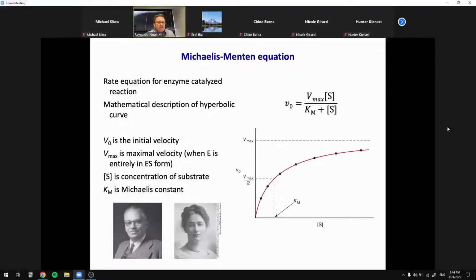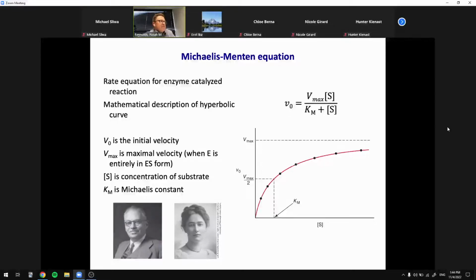One thing we had an equation on for our quiz, and you'll have another equation on it for the exam, is the Michaelis-Menten equation. You should be able to use this equation to calculate any of these terms if I were to give them to you.